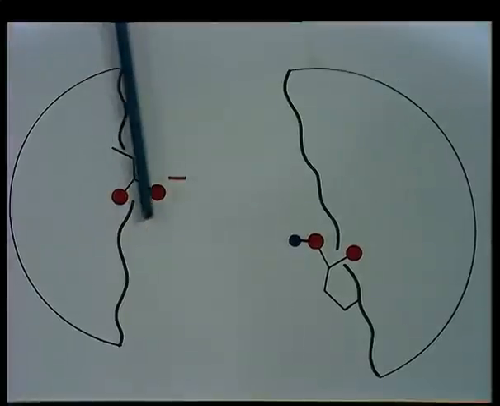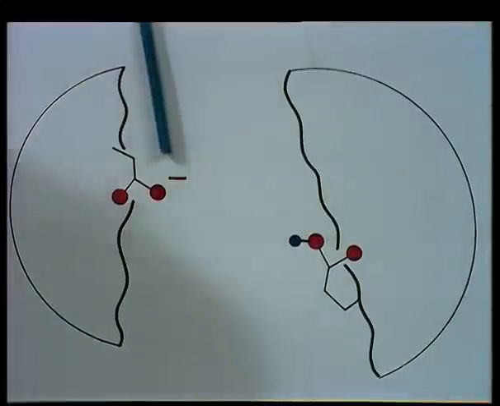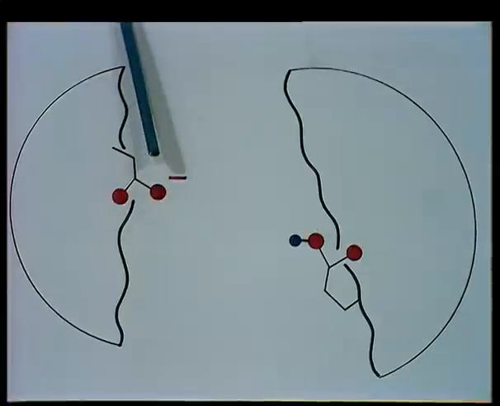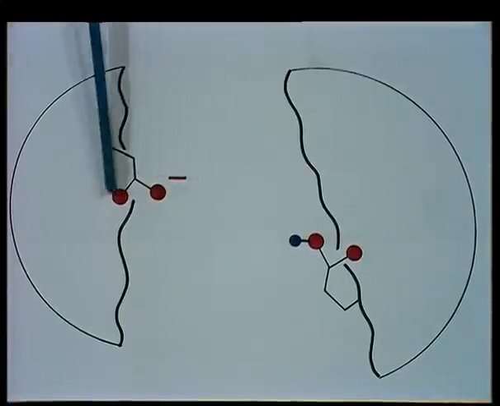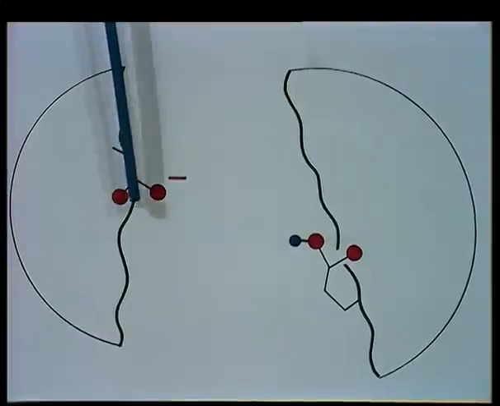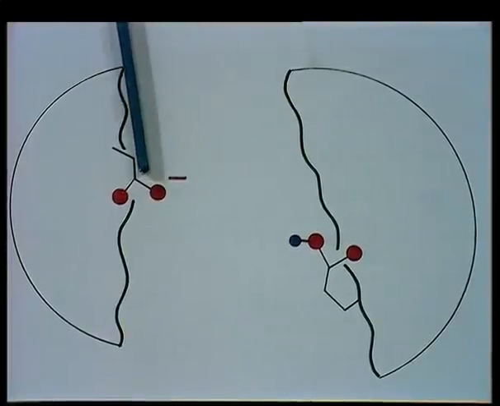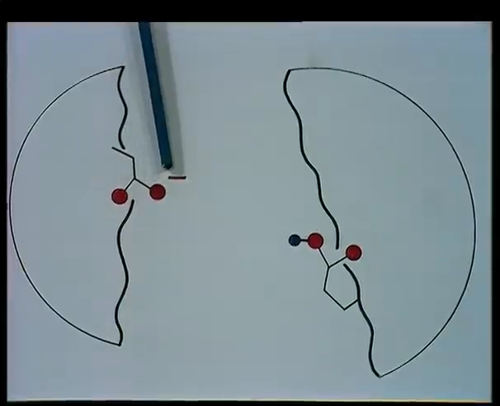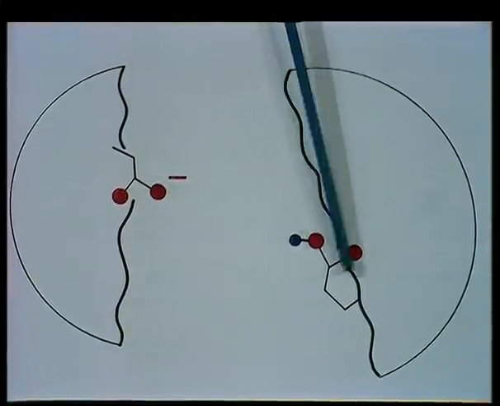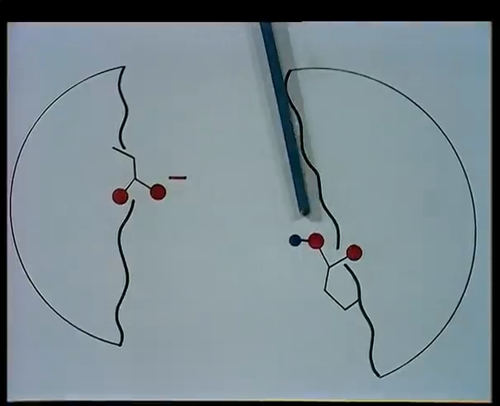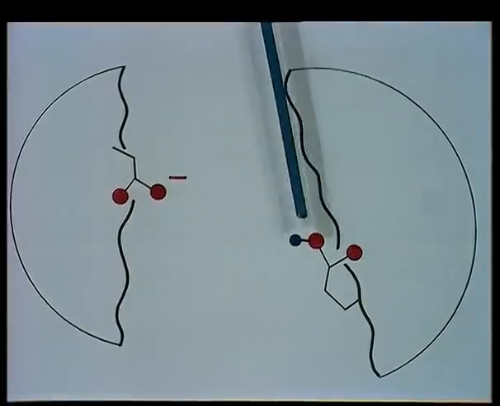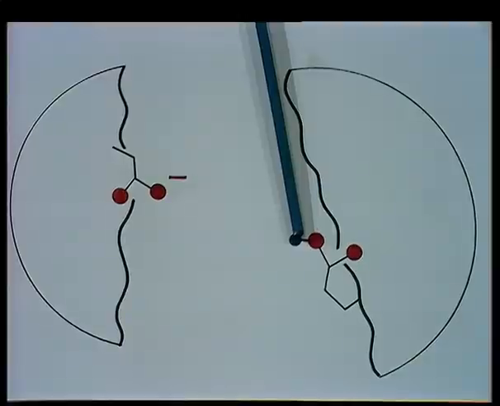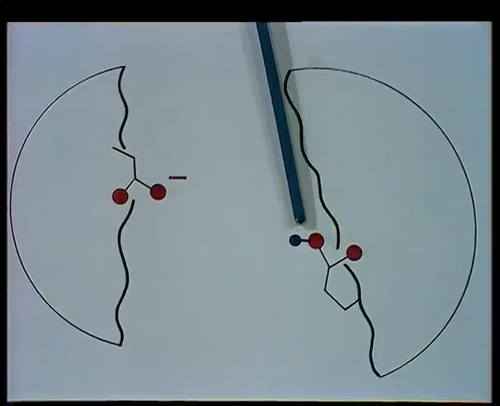Over on this side, we've got a vinegar-like molecule, one of these acids. So it's carrying, because of the position it's in the enzyme, a negative charge on the oxygen. Over here is another vinegar-like molecule, and this time, because of the position it's in, it's holding on to its proton, so it isn't carrying a negative charge.